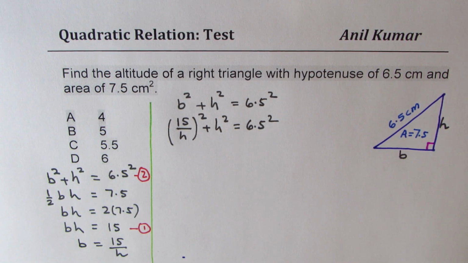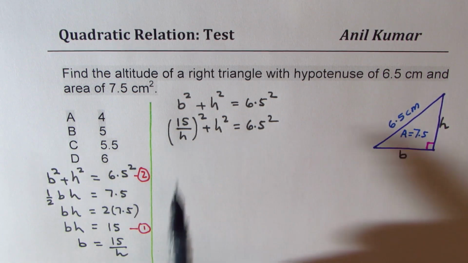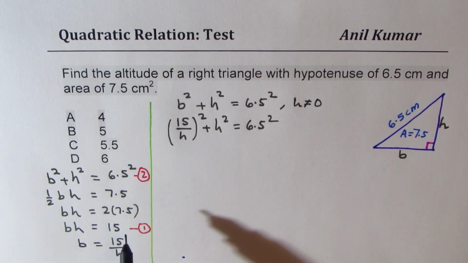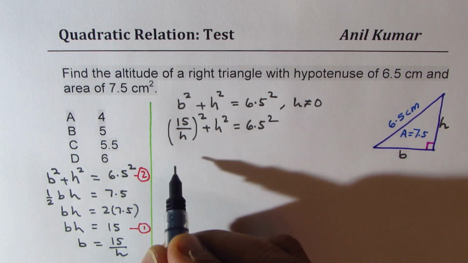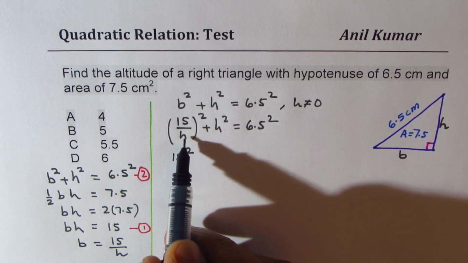So in this fashion, what we get is one particular equation which will have only one variable and it could be solved, right? So of course h cannot be 0, since it's in the denominator. We know height is not equal to 0. So let's just square it. So we get 15 square, and let's multiply all the terms by h square.